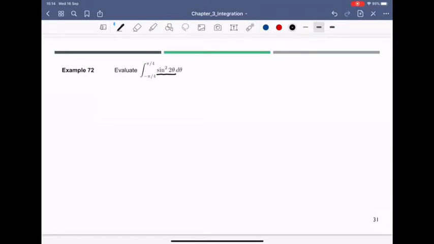That is the only choice you have, because if you try to use u substitution, if you pick u equal to sine 2 theta, and then you compute du, you get cosine, and then you use the chain rule, you get 2 here, and you try to use a u substitution or whatever, you're going to get stuck because it will not cancel out perfectly.